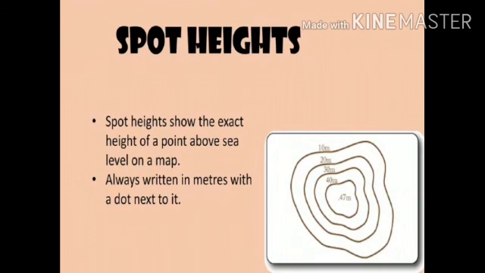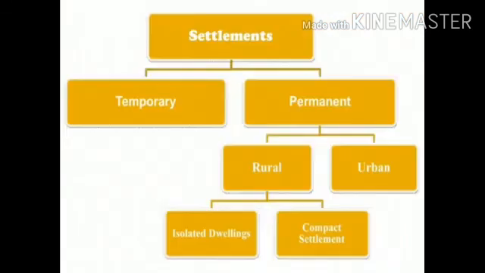Now we will study representations of settlement on topo sheets. What do you mean by settlement? A cluster of houses in a village or a town where people live is called a settlement.